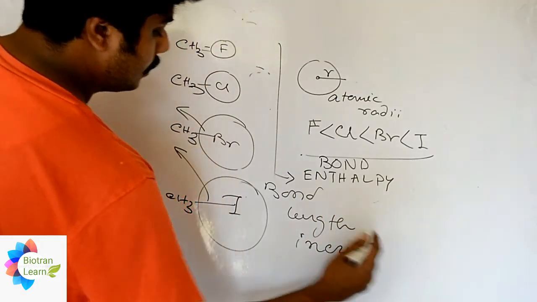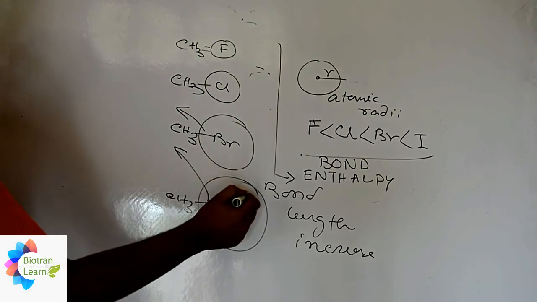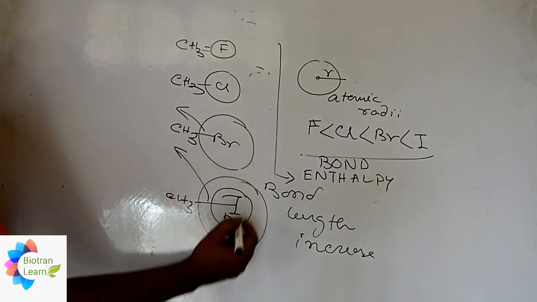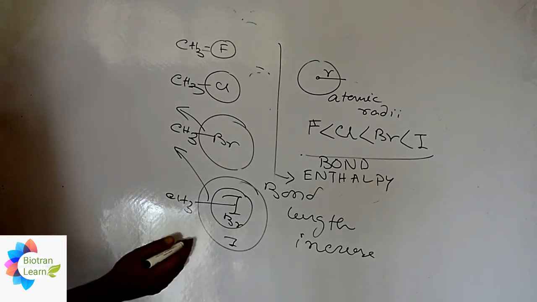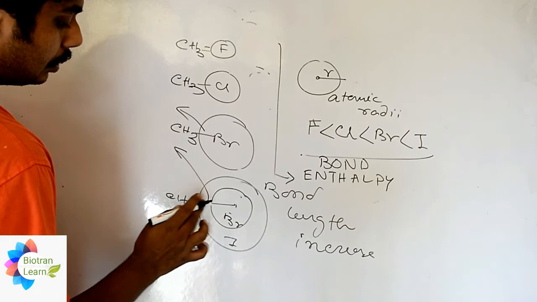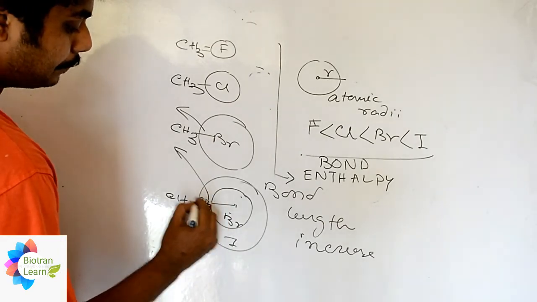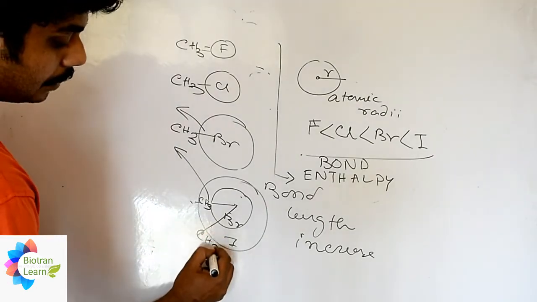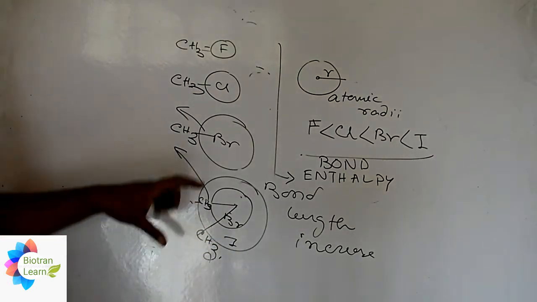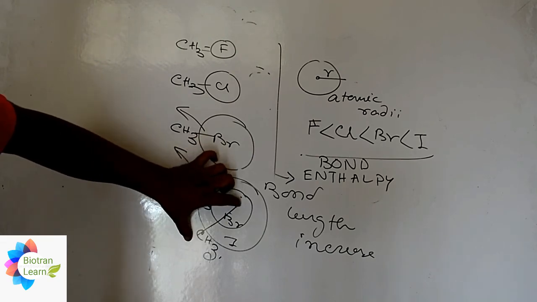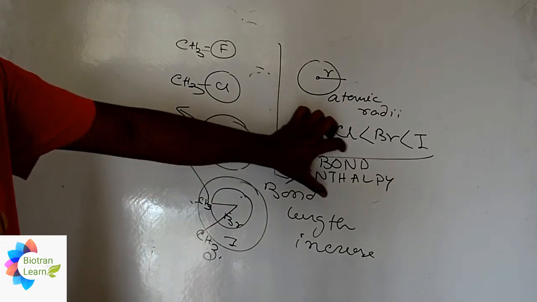Iodine, being largest, will have a much bigger bond length, which will decrease the bond enthalpy.